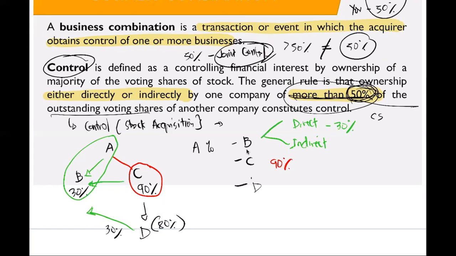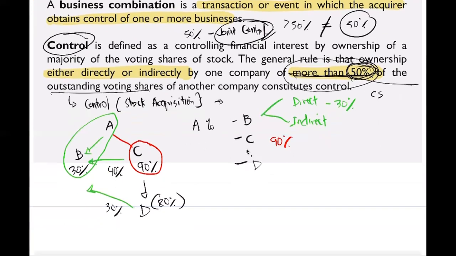Let's change it, so let's say this is 40%. So C owns B at 40%, D owns B at 30%, total of 100%. So who actually owns B? A has the direct ownership of 30%, C has the direct ownership of 40%, and D has the direct ownership of 30%. Now we need to get the indirect.